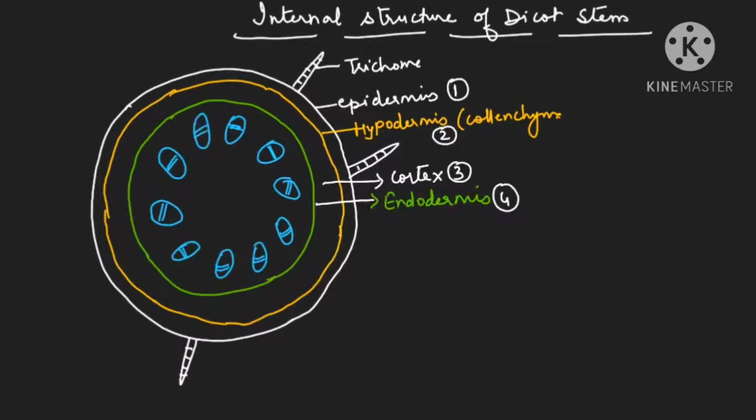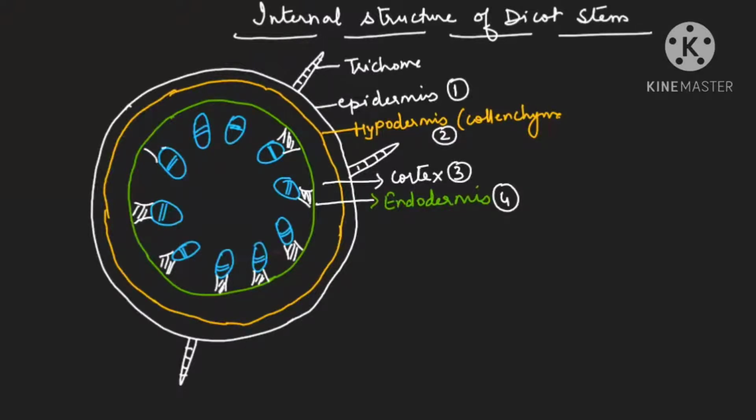Now on top of the vascular bundle, you will find this layer. Check carefully, this is what I am doing. This is my pericycle, and the pericycle is made up of sclerenchyma. Analyze the diagram carefully. This pericycle is present only on top of the vascular bundle, so it is known as bundle cap also.